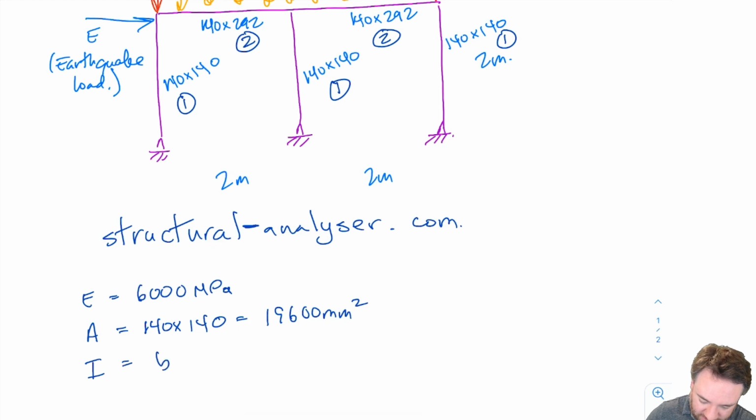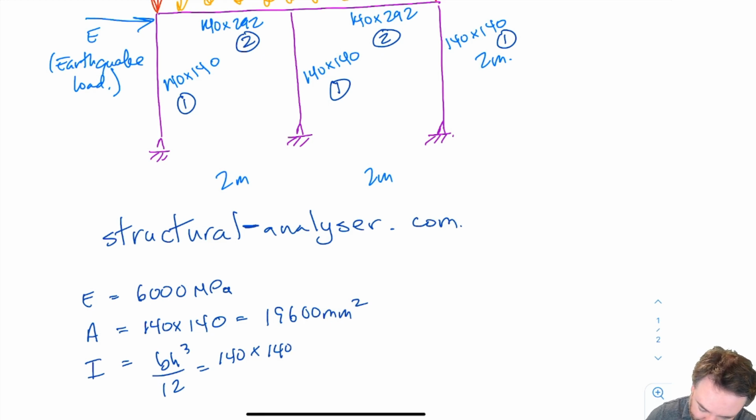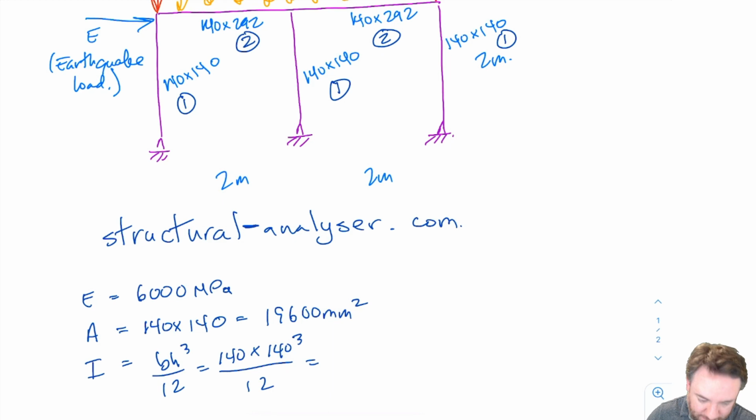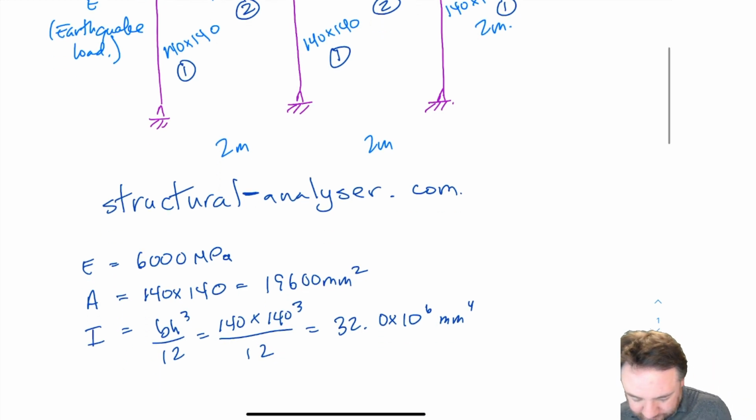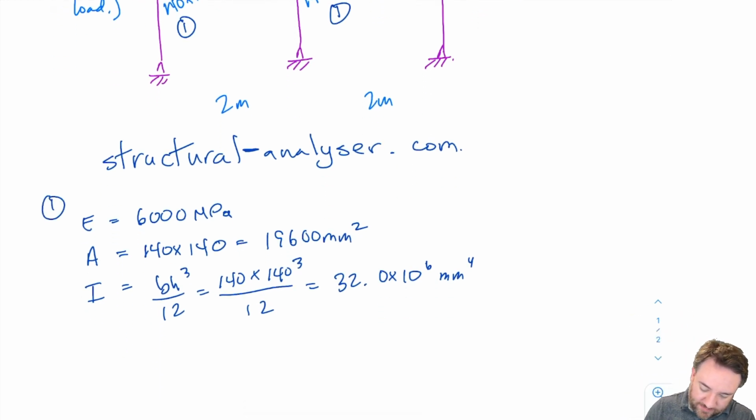And I is BH cubed over 12, which in this case is going to be 140 times 140 cubed over 12, which is equal to 32.0 times 10 to the 6 millimeters to the 4th. Okay, so that's for 1.